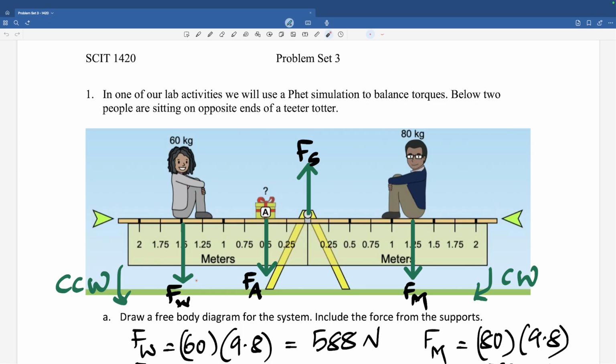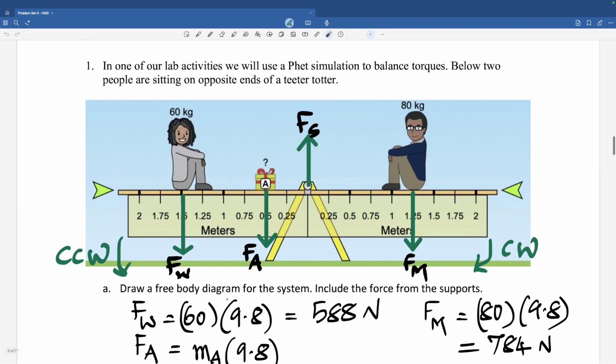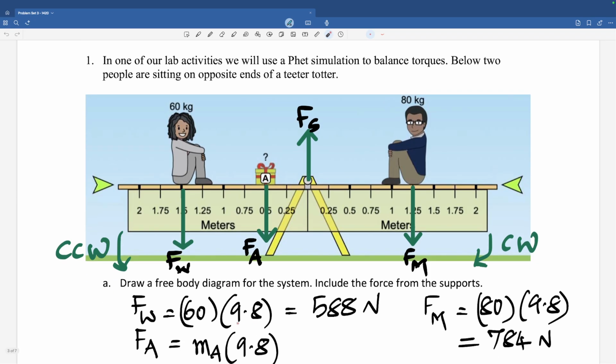Weight is mass multiplied by the acceleration due to gravity. Okay, so the mass of the lady is 60 kilogram. You multiply that with 9.8, which we know is the gravitational acceleration. You will get the weight of the woman, or the lady.